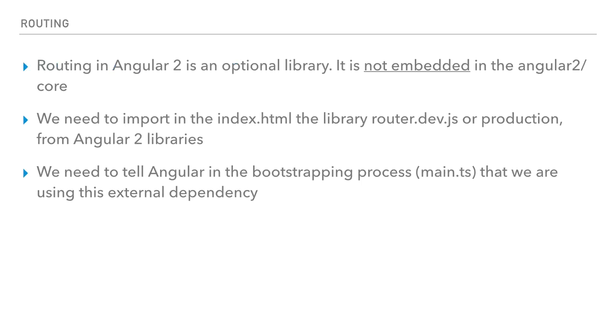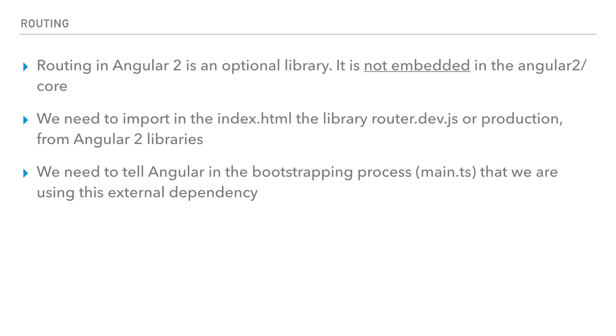Routing in Angular 2 is an optional library. It's exactly the same case as the HTTP library. They are not embedded in the Angular 2 core, as it could be the component, directive, and everything that we have learned in previous chapters. So HTTP and routing are external and optional libraries.